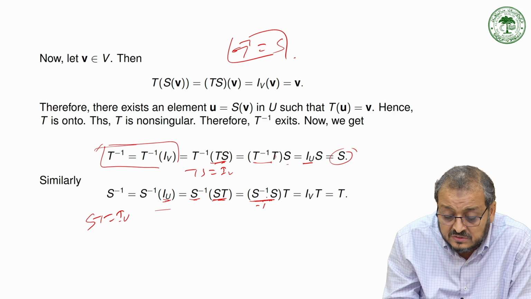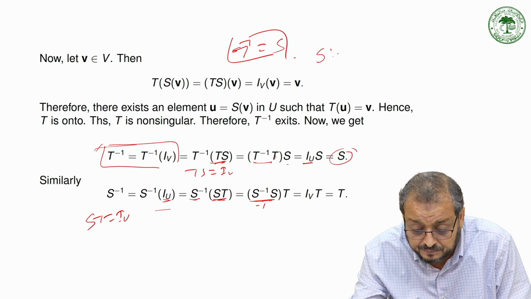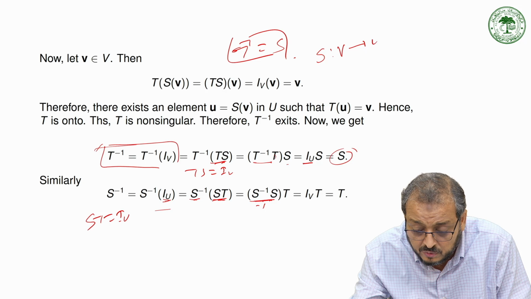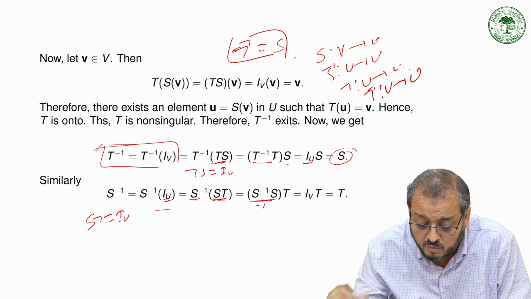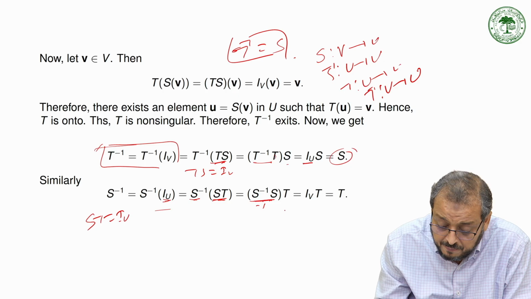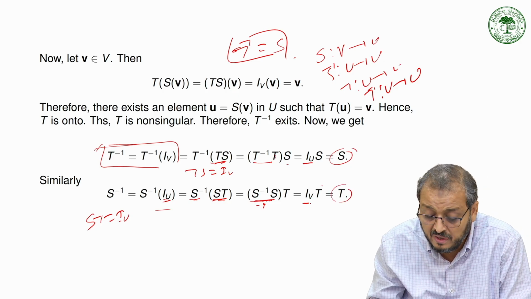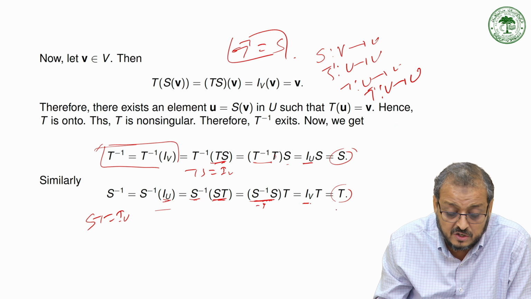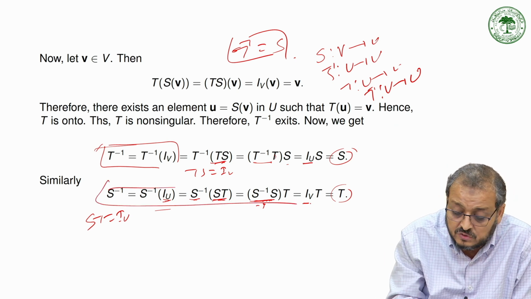SS inverse is equal to, because S is a map from V to U, so S inverse is a map from U to V. T is from U to V, T inverse is a map from V to U. So SS inverse is equal to I of V. So this is the identity of V, and the identity of V is equal to T. So this means we can say that S inverse is also equal to T.